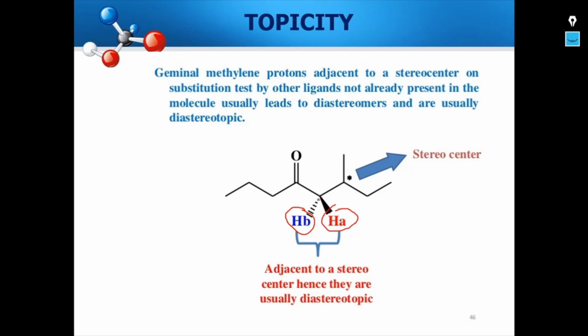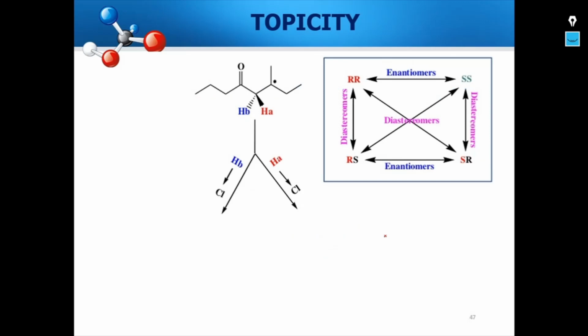As a thumb rule, the hydrogens attached to the carbon adjacent to a stereocenter give rise to diastereomers on replacement of these two hydrogens with ligands. These hydrogens attached to the carbon adjacent to a chiral center are preferentially diastereotopic in nature.